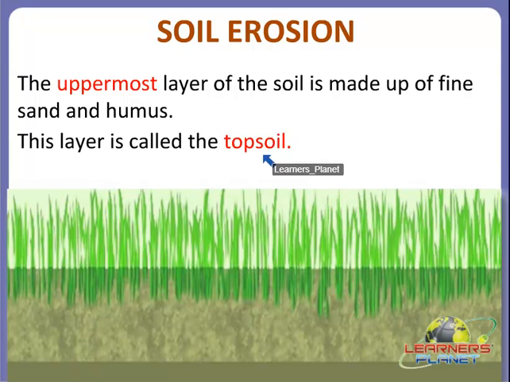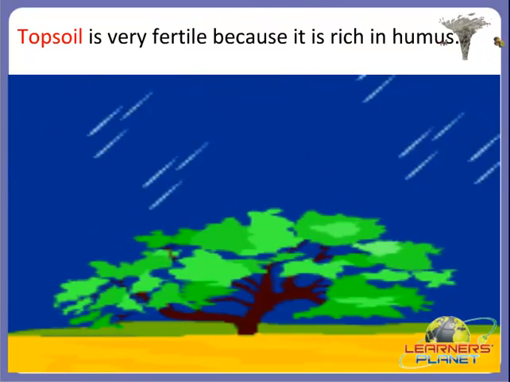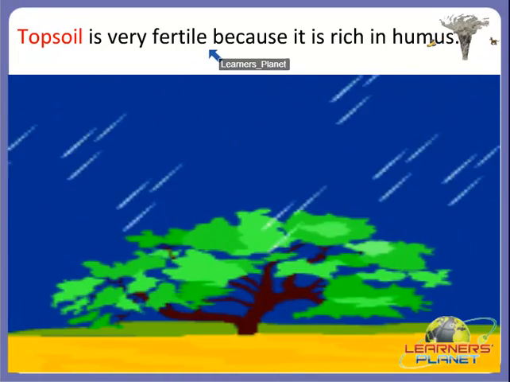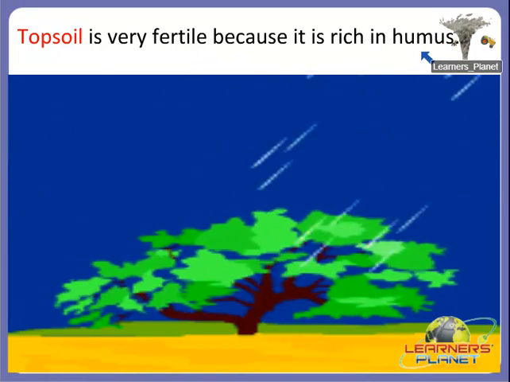Right? Children, always remember that the uppermost layer of soil is made up of fine sand and humus, and that is why this layer is called topsoil. Alright children, so topsoil is very fertile because it is rich in humus.